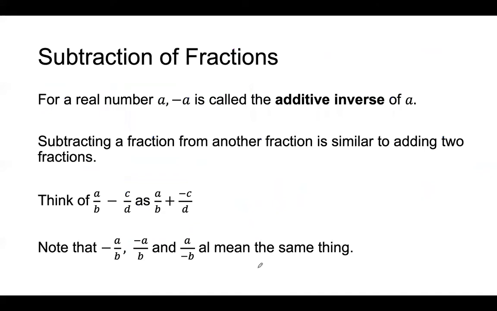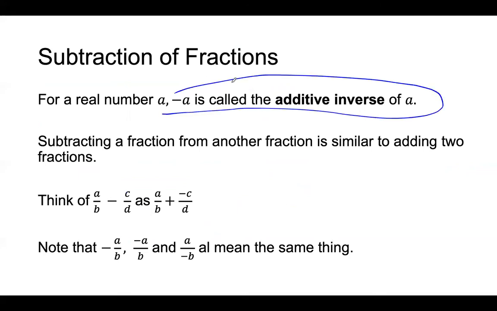Subtraction of fractions. So for a real number a, negative a is called the additive inverse of a. So this is the additive inverse. So subtracting a fraction from another fraction is similar to adding two fractions. So a over b minus c over d is the same as if we brought the negative in front of the c.